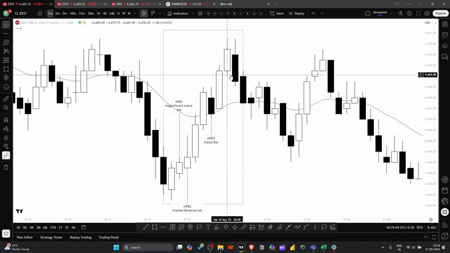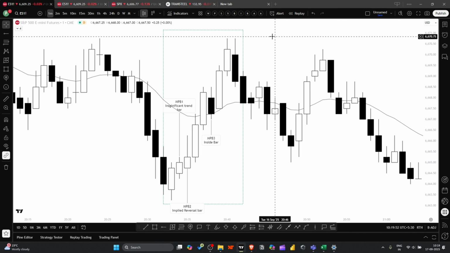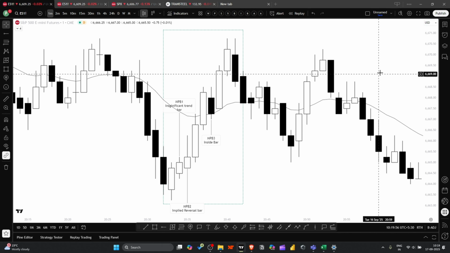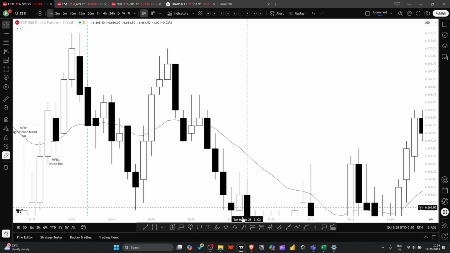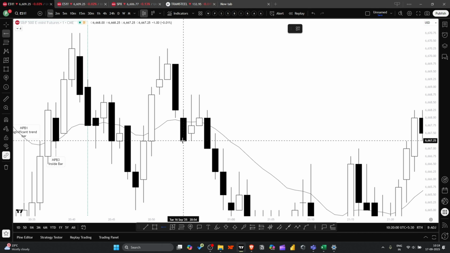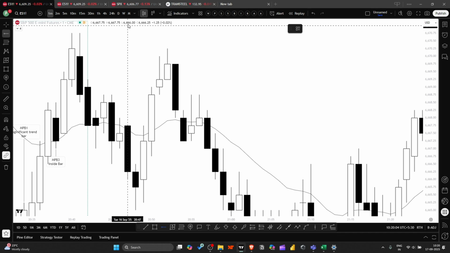Outside bar. But in case it didn't go below the low and it just touched the low, but went beyond the high of the previous candle, what do I mean by that? Let me see if I can find an example. Okay, this bar. This is the low of the bar. What is the low of the bar? 6667.25.